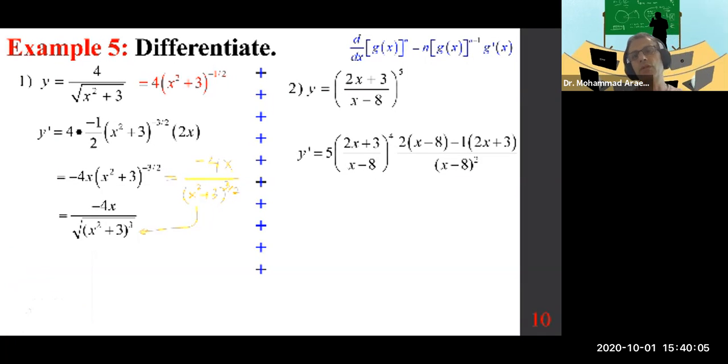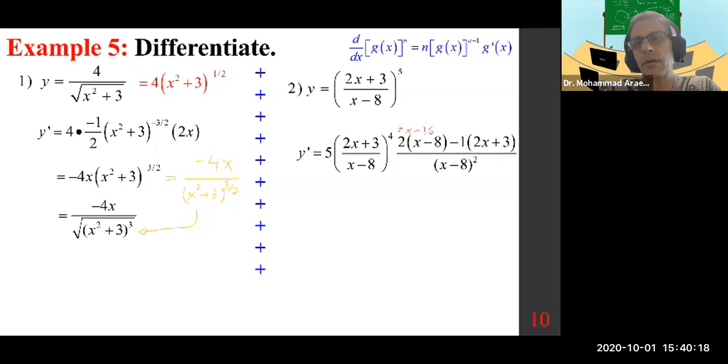This one is 2x minus 16 minus 2x minus 3. 2x and minus 2x cancel each other, you get negative 19, everybody. Negative 19, I hope you see that. So let's write it.